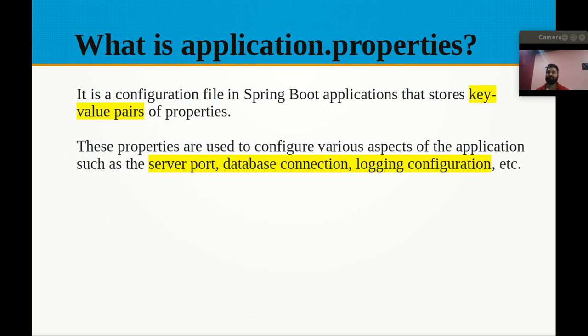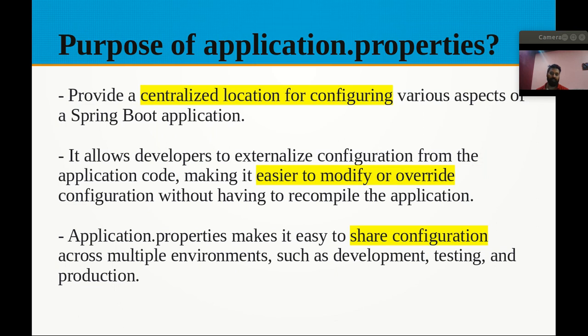Now let's discuss the purpose of using the application.properties file. Basically, it is a centralized location for the configuration. The properties file gives you a centralized place in your project where you can define the different configurations, so that you can use them in different environments.